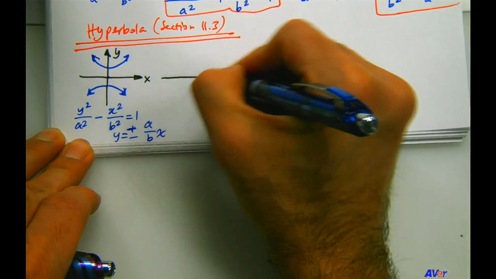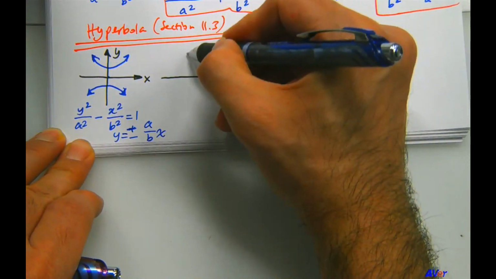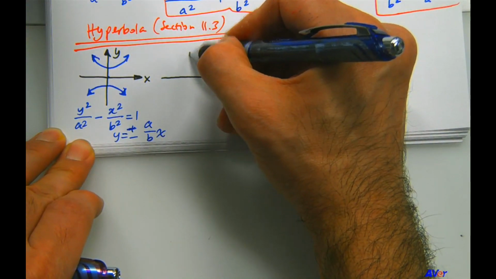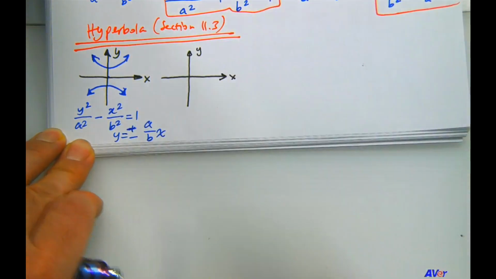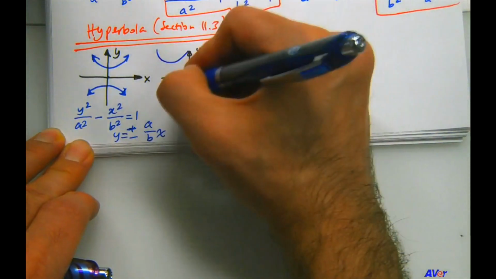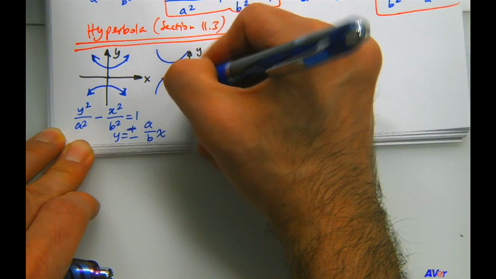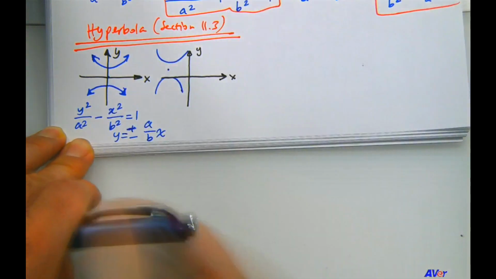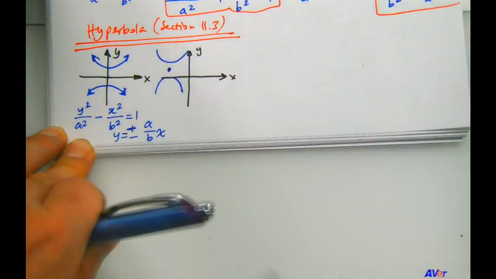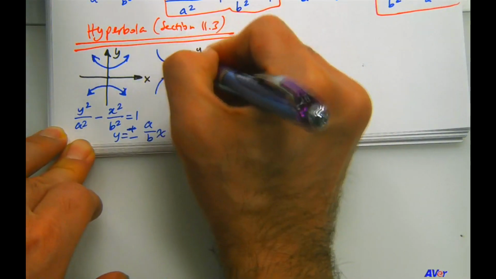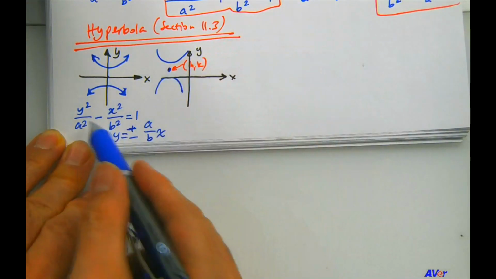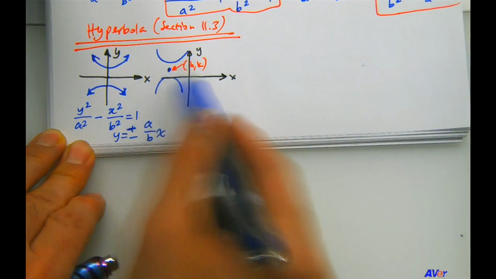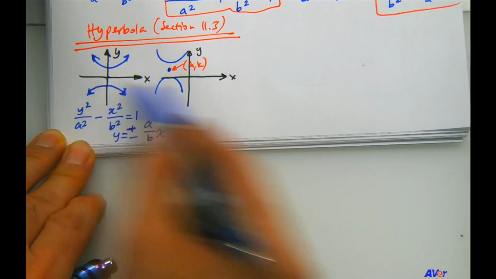So how does this change when the center is no longer at the origin for a vertical hyperbola such as this one here, and maybe like that? So the center for this hyperbola would be somewhere here. Let's call it h comma k for now. So this formula should adjust for the center being away from the origin.